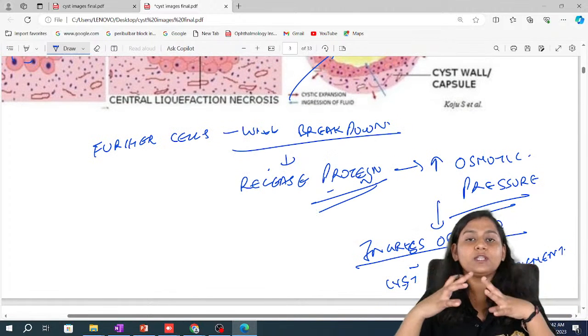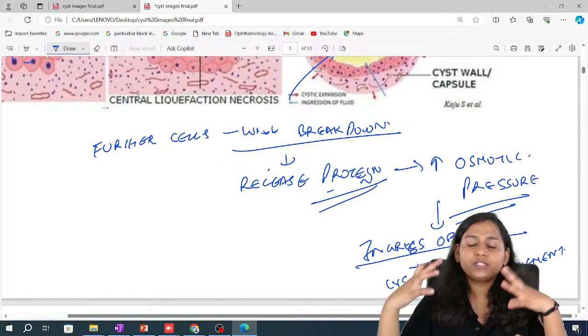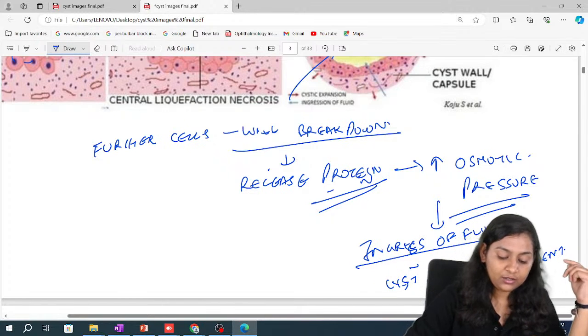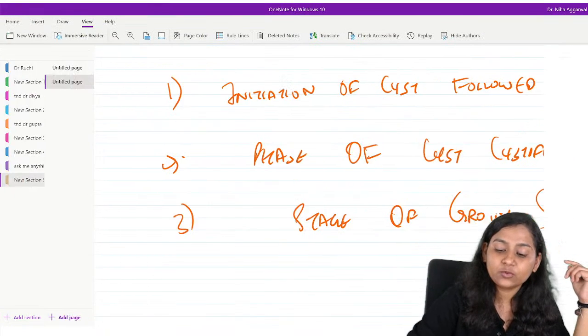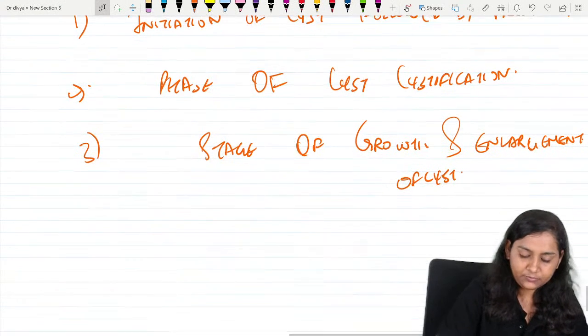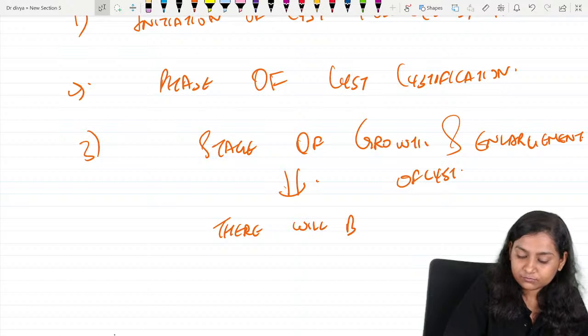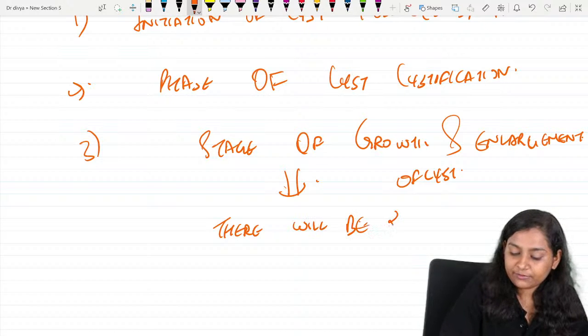So when the cyst grows and enlarges, what will it do? It will resorb the bone present in the surrounding area. Now tell me, which interleukin is responsible for the bone resorption? There will be resorption of bone.